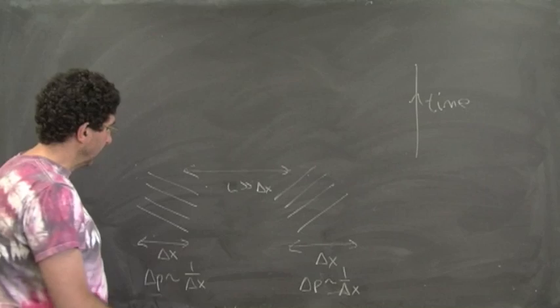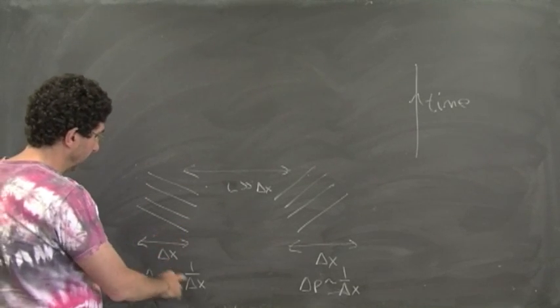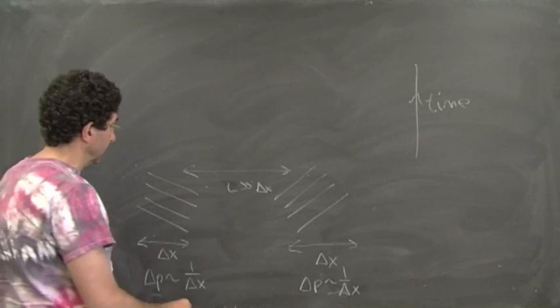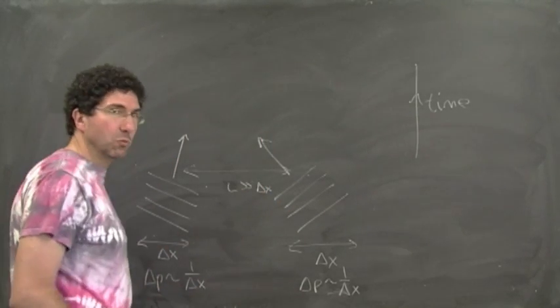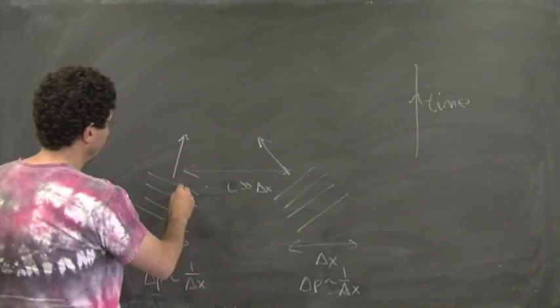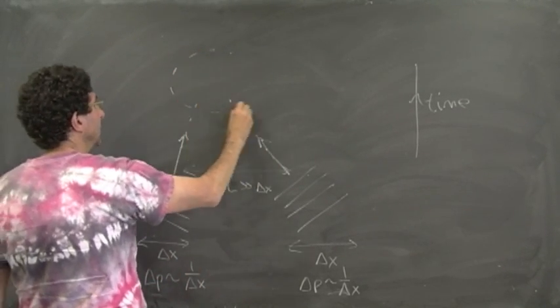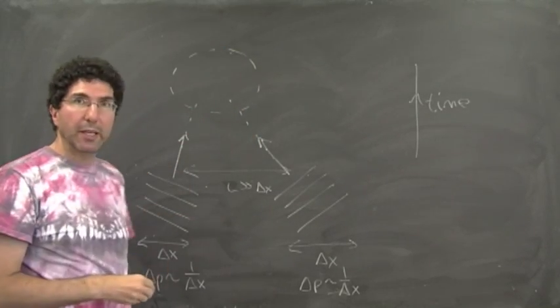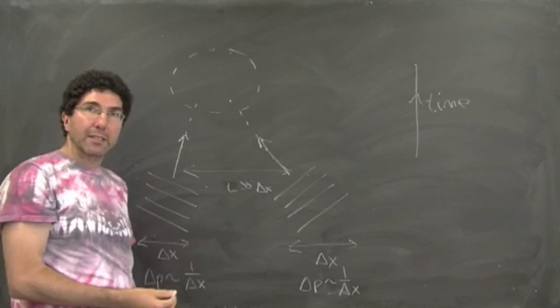These wave packets have quasi-well-defined position and momenta consistent with the uncertainty principle, and then the experimentalist aims these wave packets so that in the future, if you propagate them forward in time, there will be a region where they overlap, and therefore they interact.